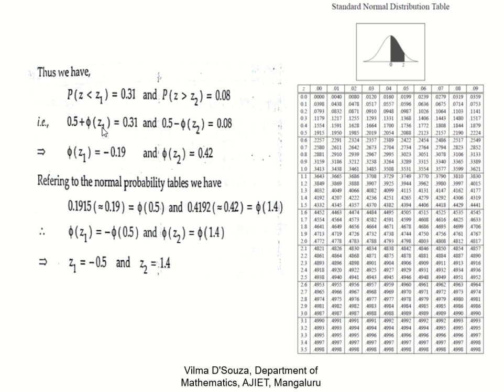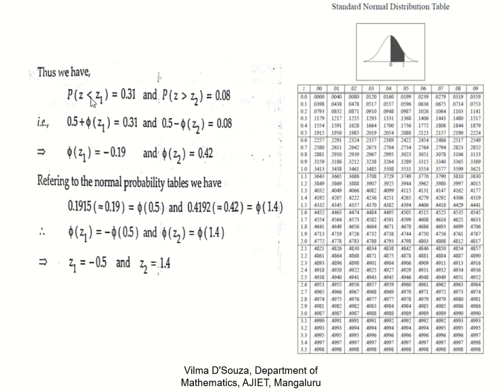So what is your phi of z1? 0.31 minus 0.5, that is minus 0.19. And here z2 will be somewhere here, with z varying from z2 to infinity. That is nothing but the probability from 0 to infinity minus the probability from 0 to z2. So 0.5 minus phi of z2 is equal to 0.08. Hope it is clear for you.